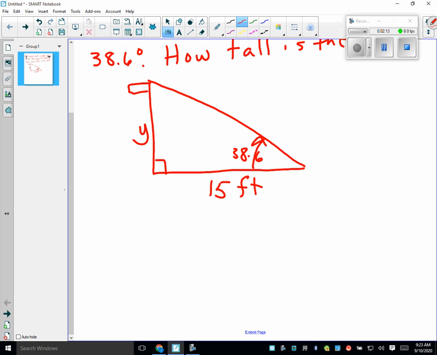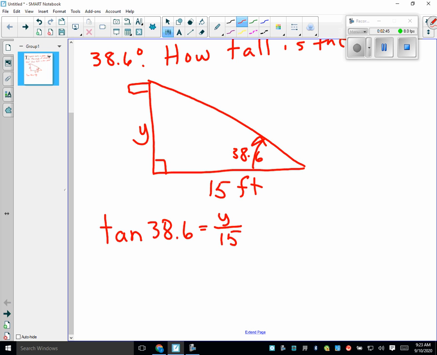So I have the opposite and the adjacent, correct? Yes. Which trig function uses opposite and adjacent? Tangent. So the tangent of 38.6 equals y over 15.